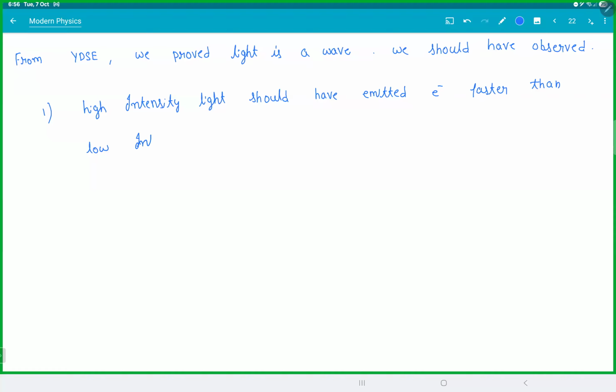It doesn't matter what the frequency is, meaning it doesn't matter what the energy of the photons is. Second thing, there should be a time lag. No matter how bright the light is, it will take some time for the energy to accumulate.